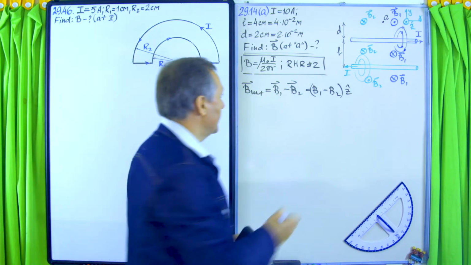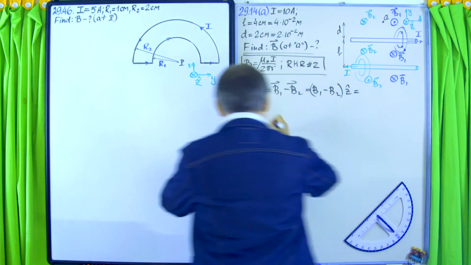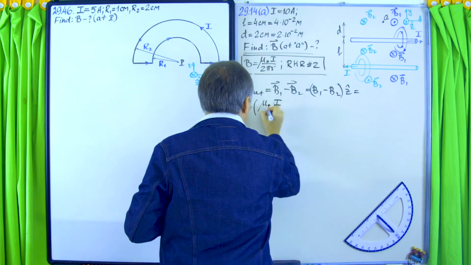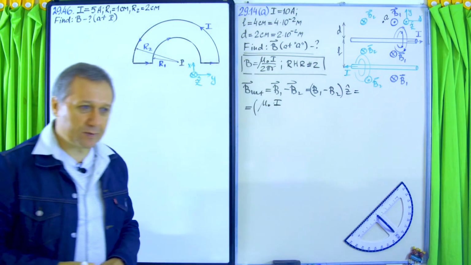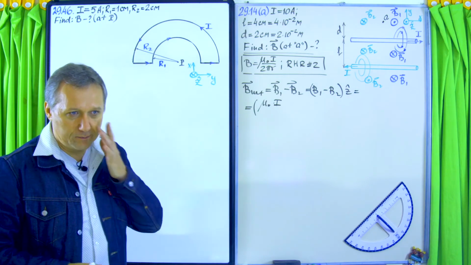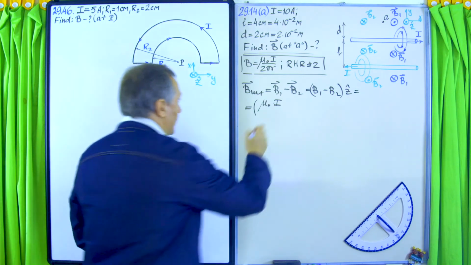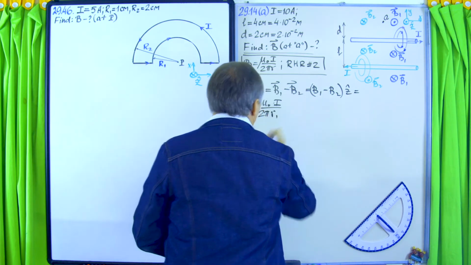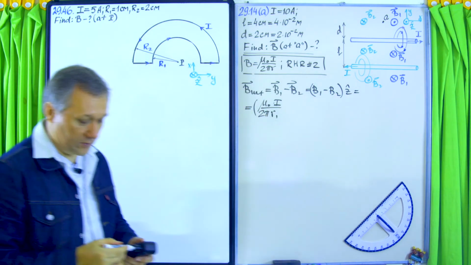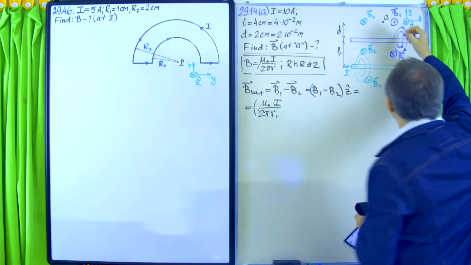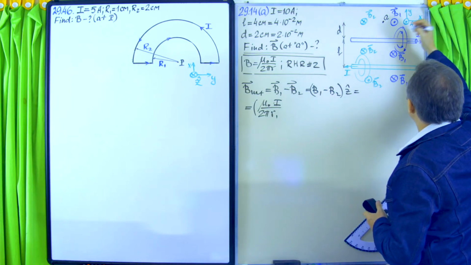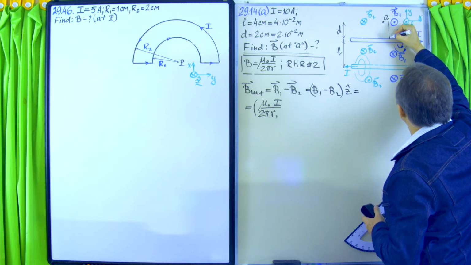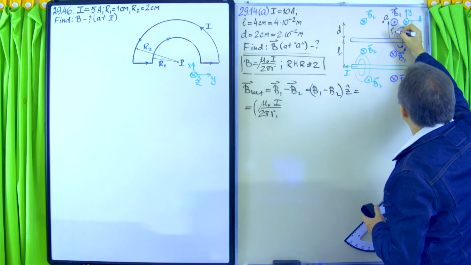Okay, so now let me write it in this way. So first, mu naught times I. I'm not putting any subscripts next to I because currents are the same. So mu naught I divided by 2 pi R1. What is R1? Yeah, it's this distance. So this will be R1.